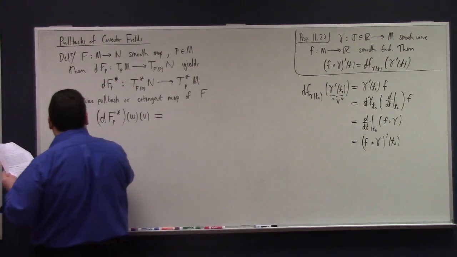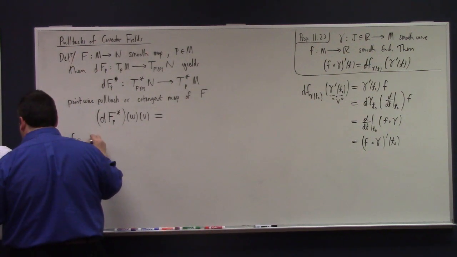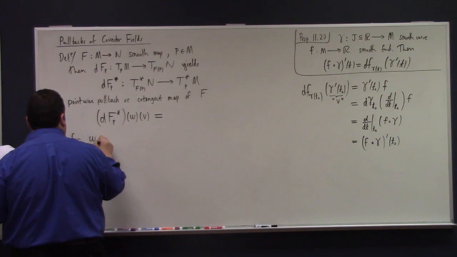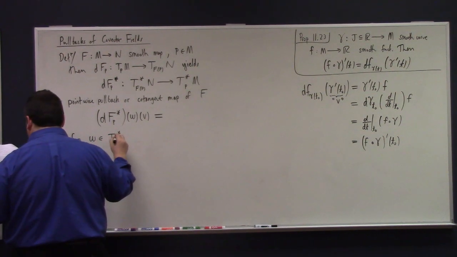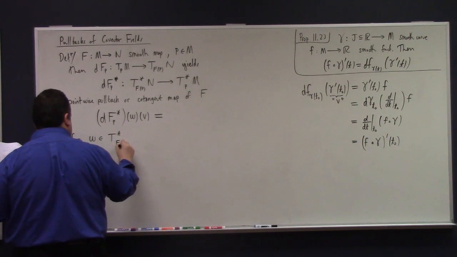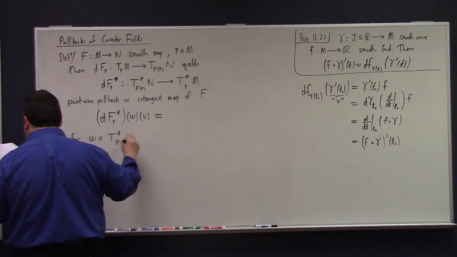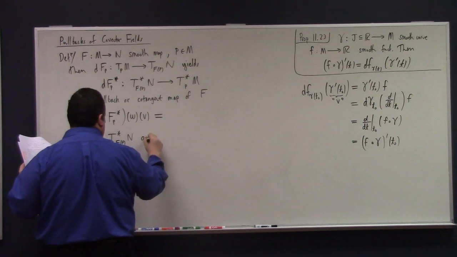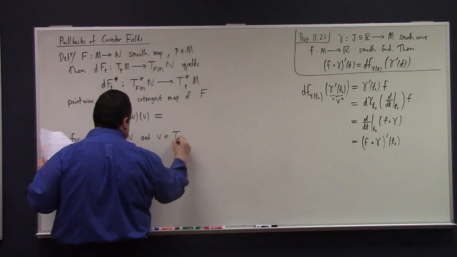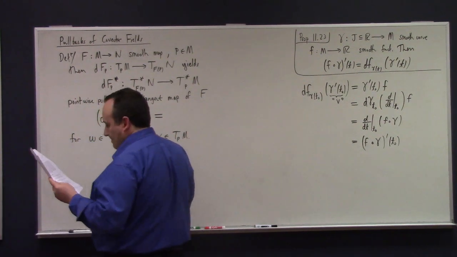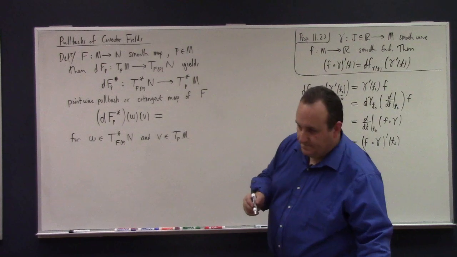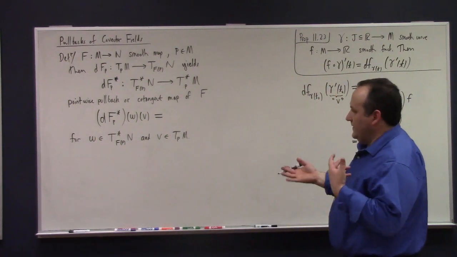This is going to be for omega in the cotangent space at f(p) to N, and for v in the tangent space at p to M. So you guys think through this.